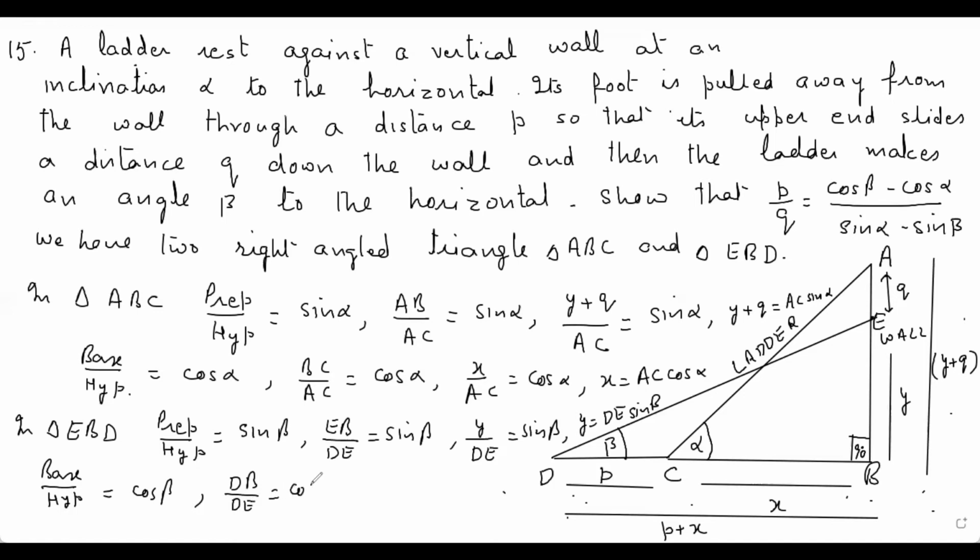DB here is P plus x and DE here is DE, so P plus x upon DE is equal to cos beta. It means P plus x is equal to DE cos beta.